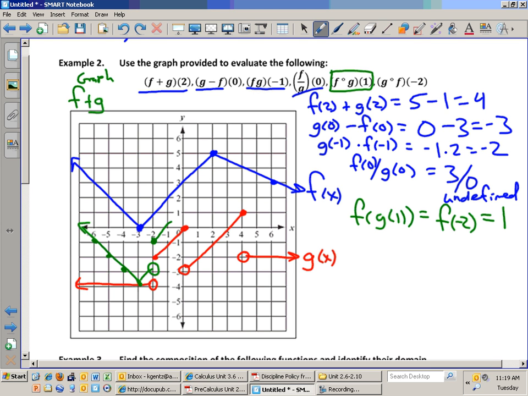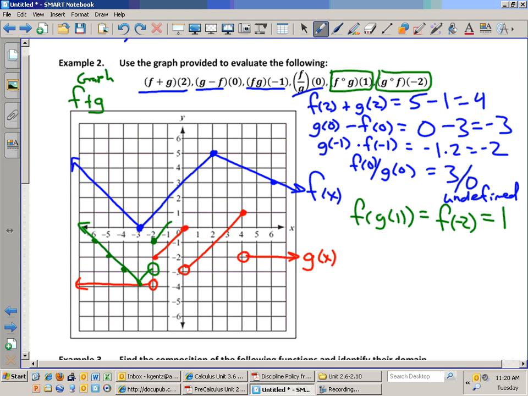See if you can do the second one. See if you can do g of f of negative 2. What we did is we got negative 2, so we plugged it back into f, and we found where f was at negative 2. And that was my final result.